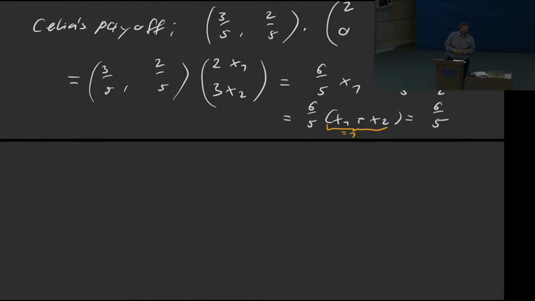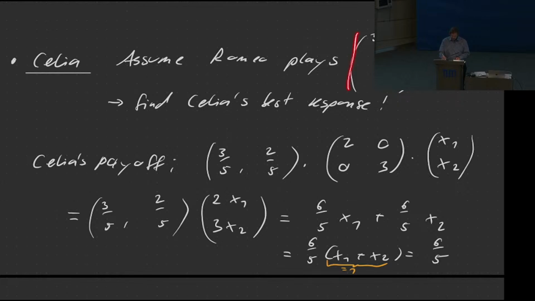So the payoff is always 6 over 5. Again, that means if Romeo chooses to play this strategy, the payoff is always 6 over 5, no matter what strategy Celia chooses. And again, this is about the expected payoff, right? We don't have a concrete realization of that situation. This is about a probability distribution that Romeo chooses. So again, as before, every possible response is best. It doesn't matter. In particular, the one that we started with is the best response.